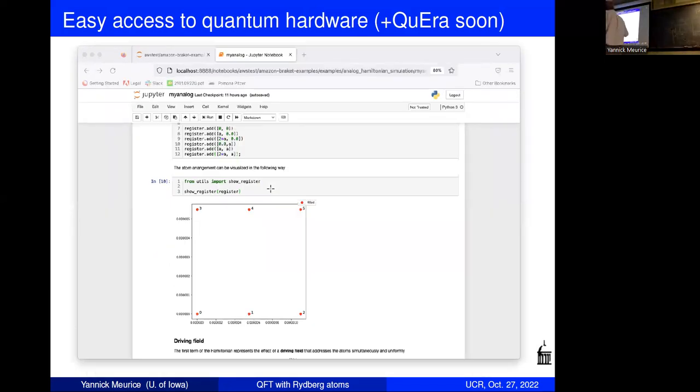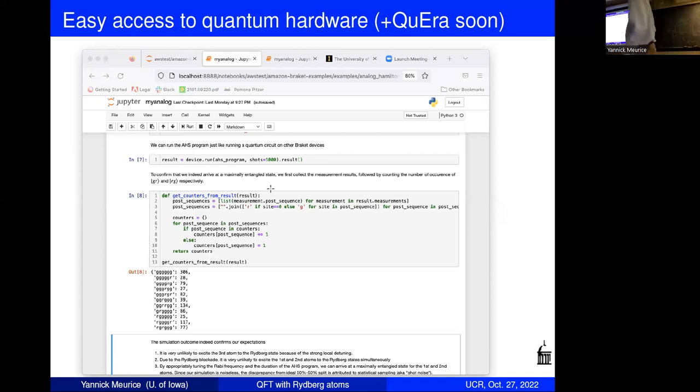These are qubits basically. They are labeled from 0 to 5, and then the statistics. They take a picture. So for instance, they see 306 in the ground state, and then they see 28 with the last one in the Rydberg state, and you can do this with 1,000 shots. You can repeat the experiment at your leisure if you have credit, or if you have a grant that can pay for it.